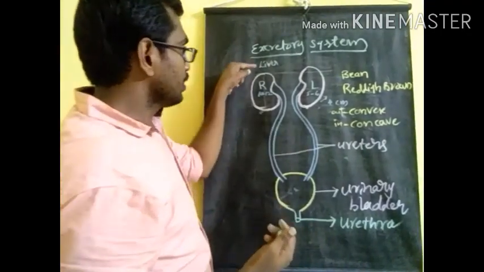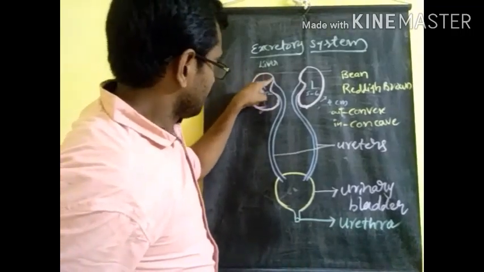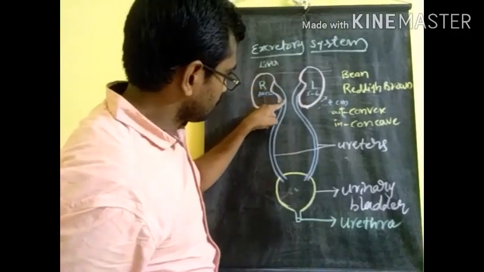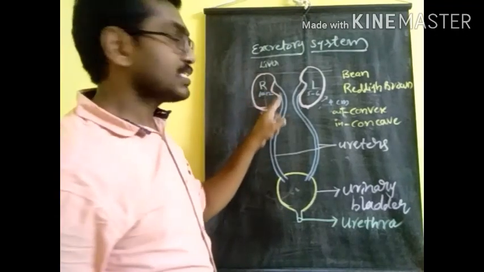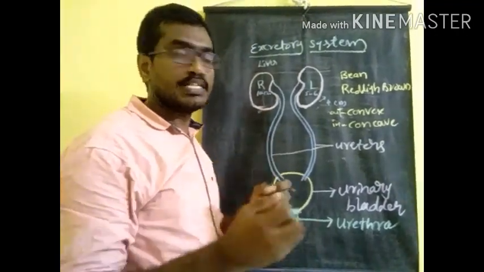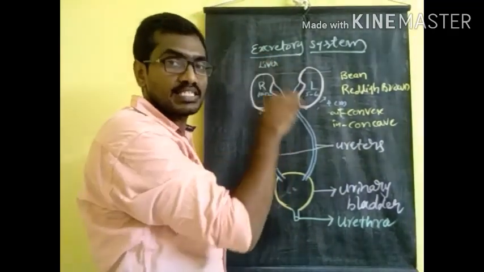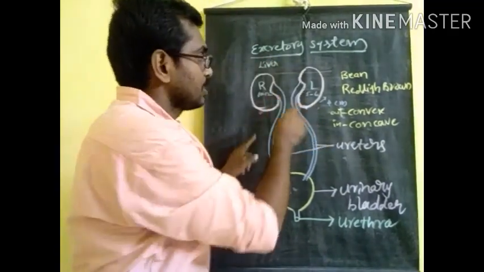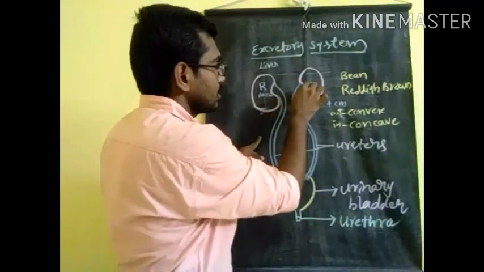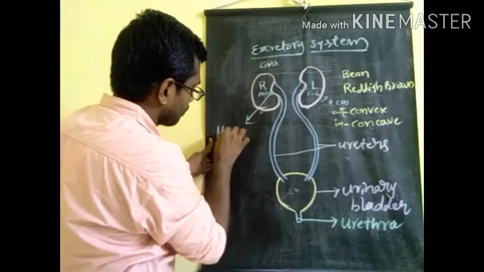From this notch the ureters come out, and the blood vessels which bring oxygenated blood to the kidneys also enter through it. This notch is called the hilum.